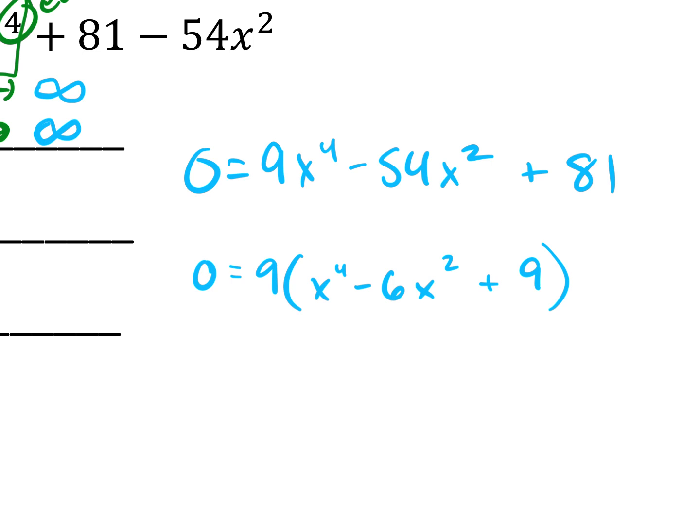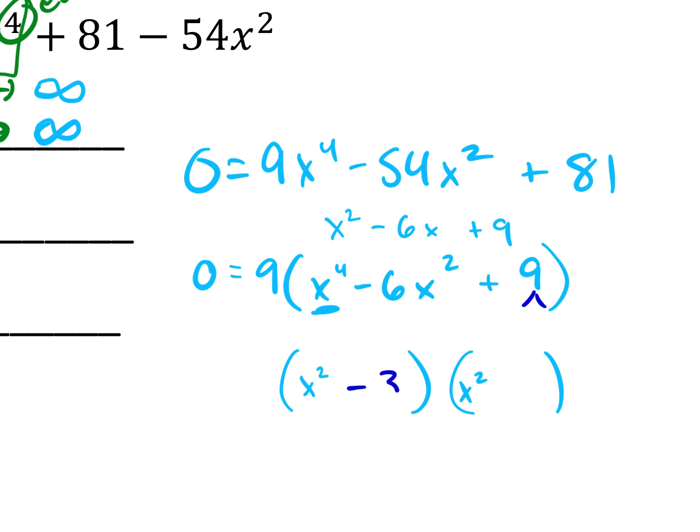Now here, this is super similar to x squared minus 6x plus 9, but when we write our factors, since it's x to the 4th power, we're going to write x squared and x squared. So instead of it breaking down into x and x, it breaks down into x squared and x squared. Now what are 2 factors of 9 that add to -6? -3, -3.